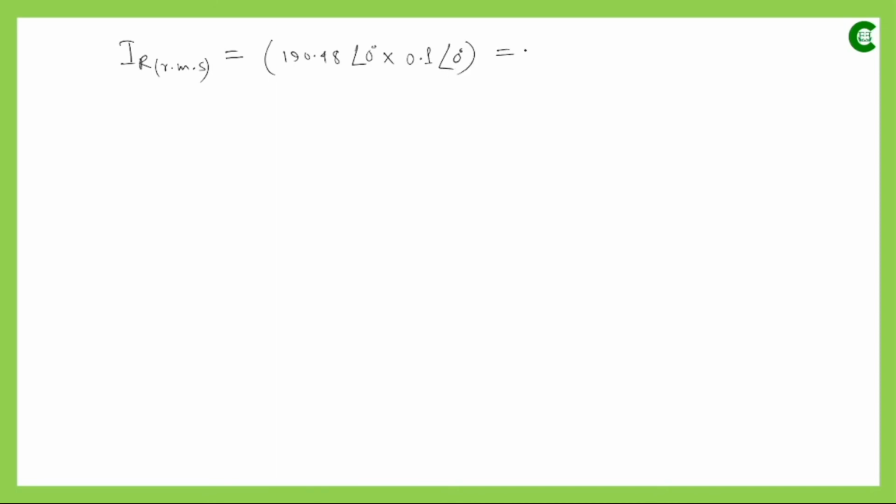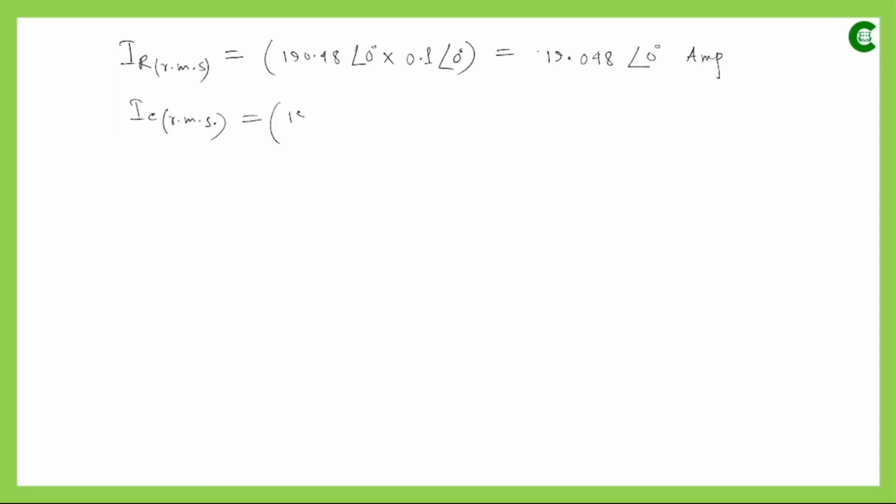So finally it will be 19.048, and the angles will be added, so it will be 0 degree. Definitely the phase difference between the current through the resistor and the voltage drop across it will be 0 degree.